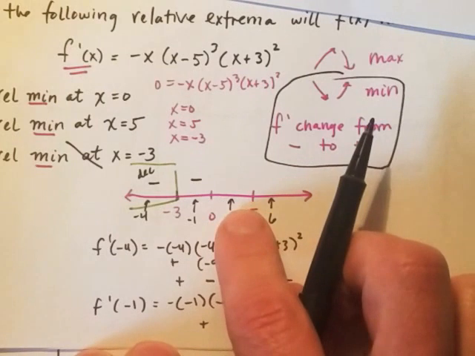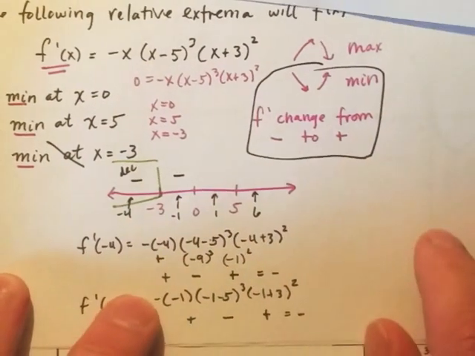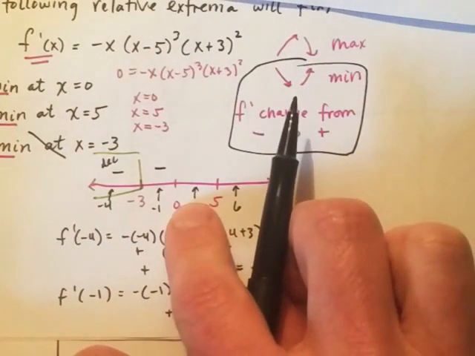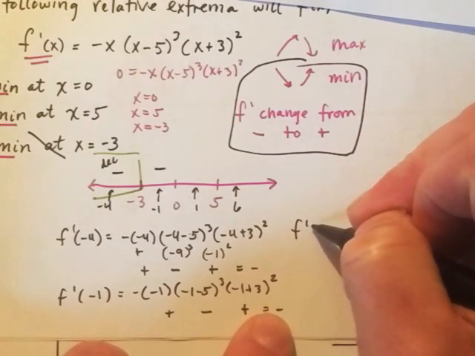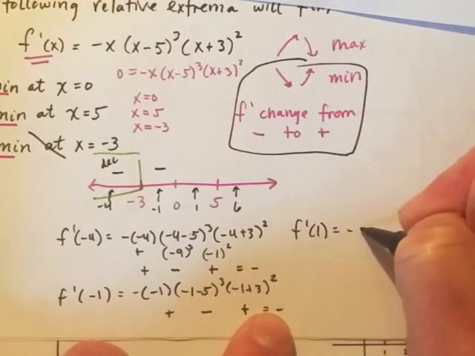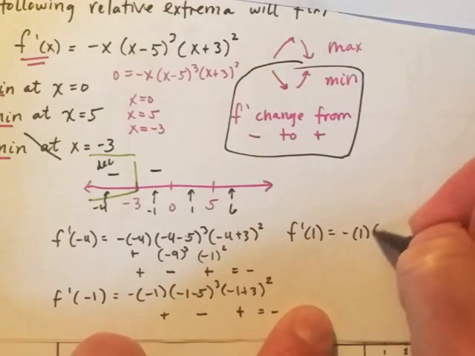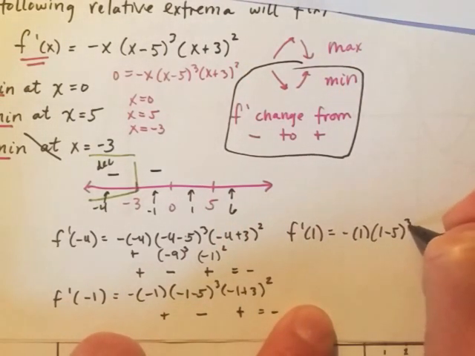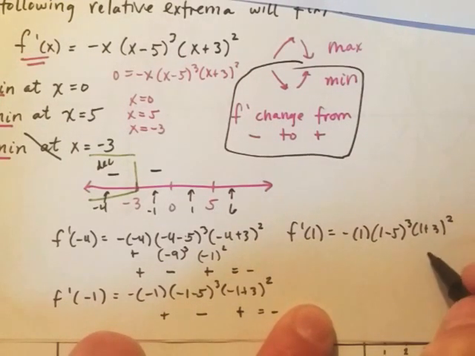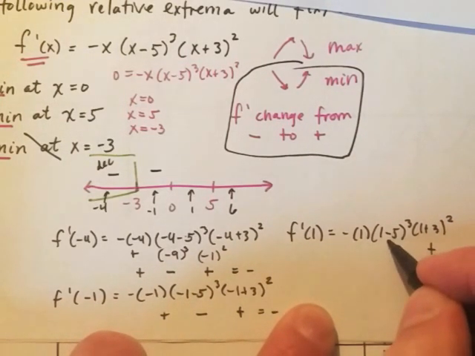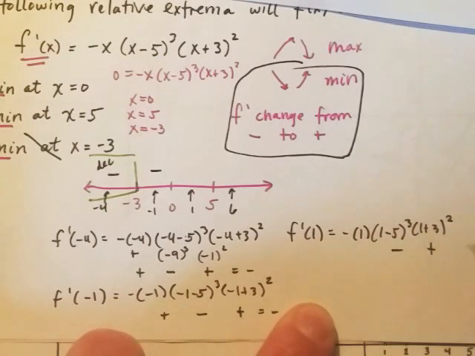But we still have to do some work for 0 and 5. So let's see what happens to the right of 0, f prime of 1. And we're going to once again just plug that in to our derivative, which just comes from up here. We already determined that anything squared is a positive. This time we still have a negative to the third power, so that's going to be a negative.